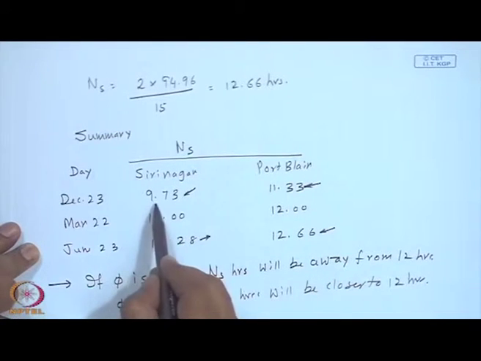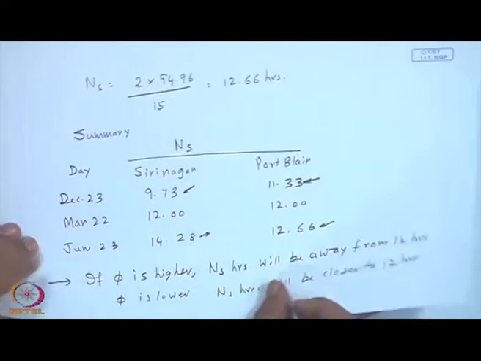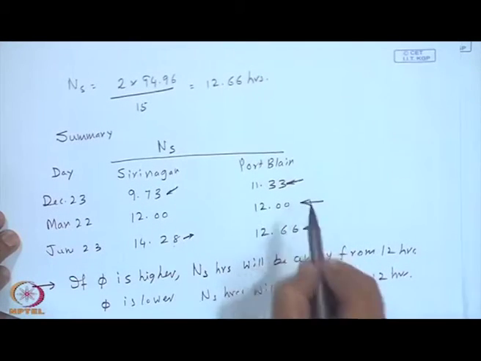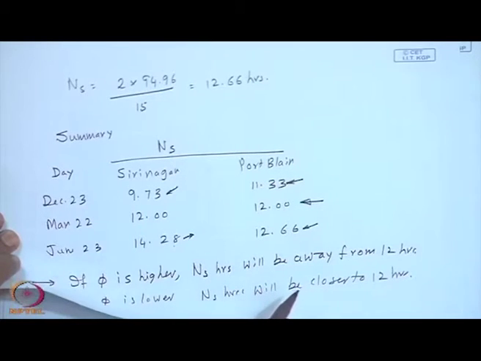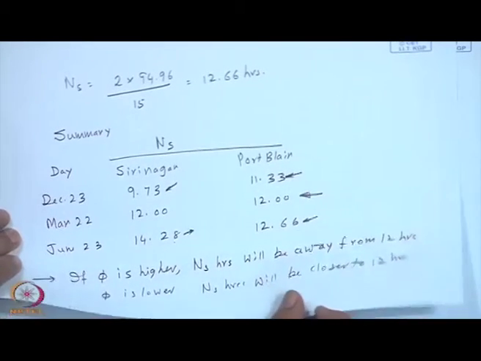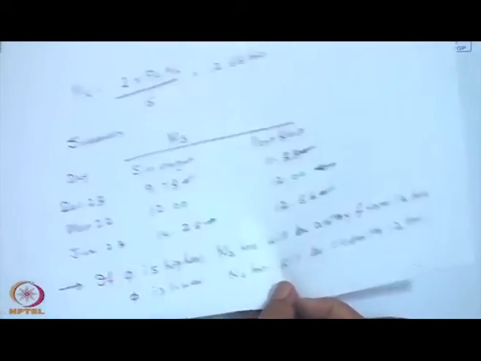Whereas here you can see it is 9.73 hours and 14.28 hours. And of course, if the declination is 0, then the effect of latitude is not felt, and you have equal day and equal night on equinoctial days, whatever may be the location.